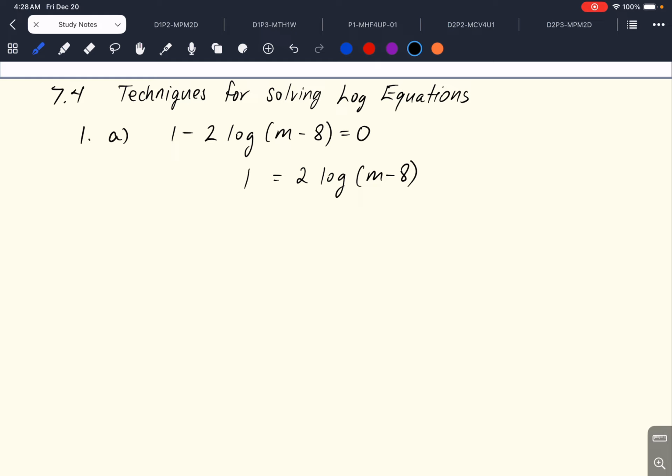One approach you might instinctively take is to isolate the log by dividing both sides by 2, and you'd end up with 1 over 2 equals log of m minus 8.